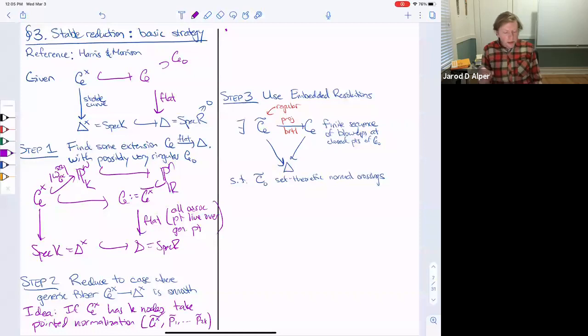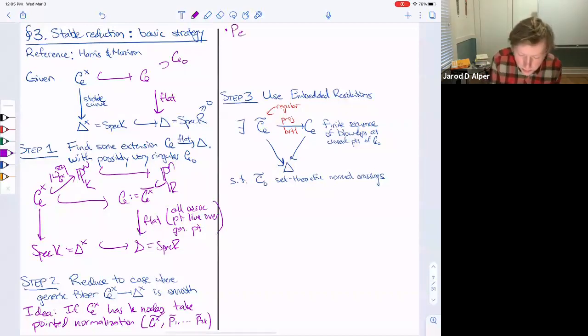And by properties of normalization, pointed normalization, we know that each connected component of this is also stable. And it lives over the fraction field of the DVR. So we can perform stable reduction to each component.